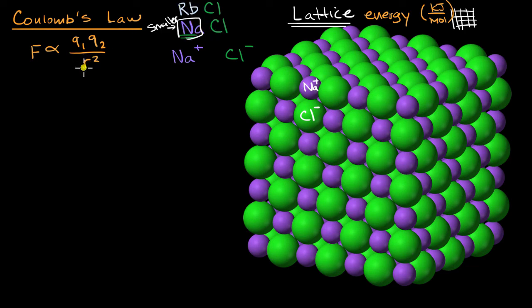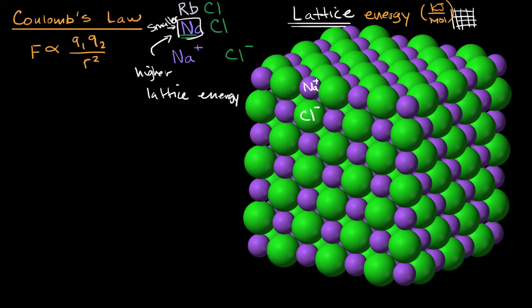Well, as the radius goes down, the force goes up. So you're going to have stronger Coulomb forces in a lattice of sodium chloride than in a lattice of rubidium chloride. Because the force of attraction is stronger, it's going to take more energy to pull it apart. So because of that, you're going to have a higher lattice energy for sodium chloride than rubidium chloride.